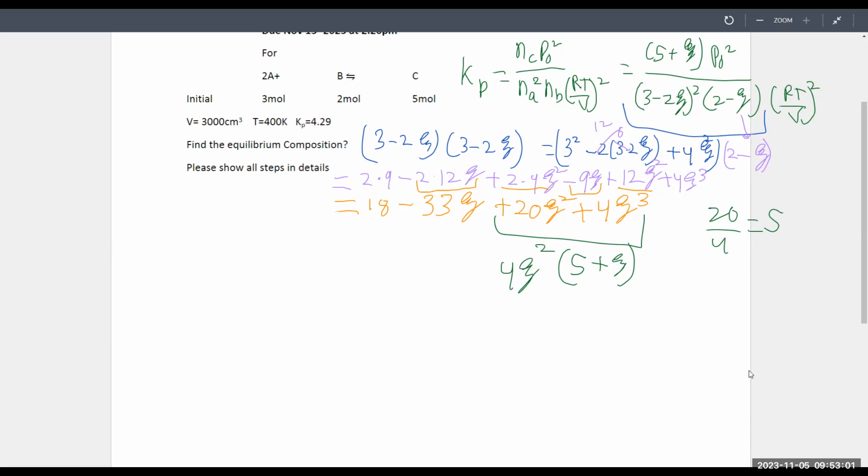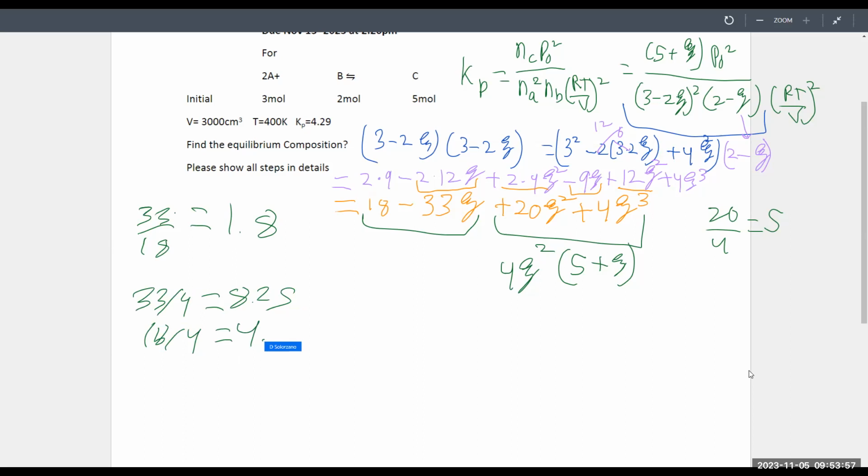Factoring out the other side is going to be a little bit more difficult, because we have this 18 and this 33. The way I like to do these is I start dividing. So 33 divided by 18 is going to give us 1.8. That's not exactly a whole number, but it's also not bad. These two have 3 and this is 18. We can test by 4: 33 divided by 4 is 8.25, and 18 divided by 4 is 4.5.